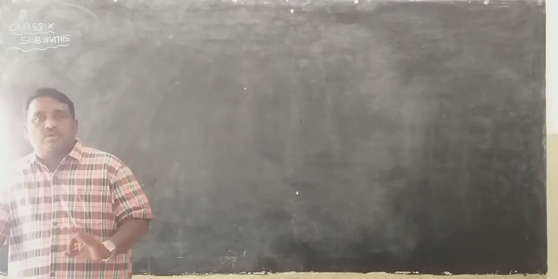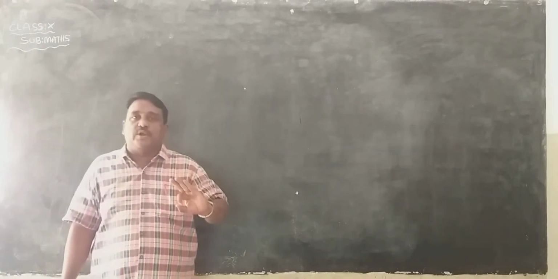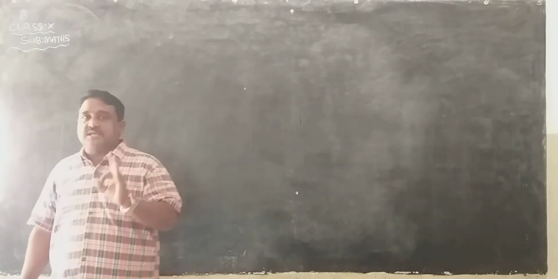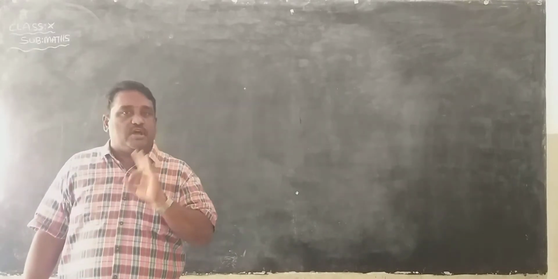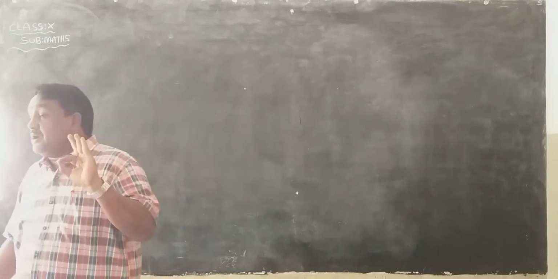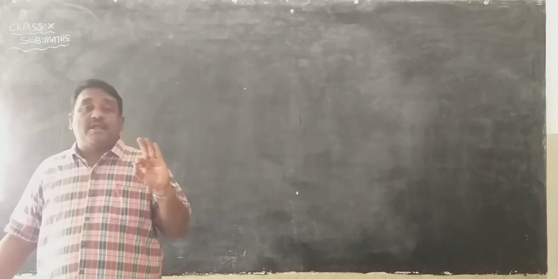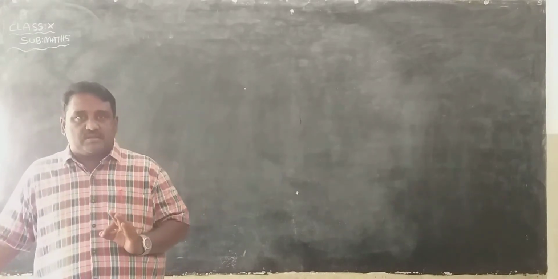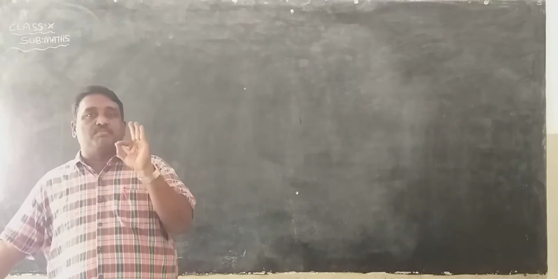So what do we know about sets till today? Set theory is one of the important branches of mathematics. And a set is a well-defined collection of objects. We discussed so many examples about sets.